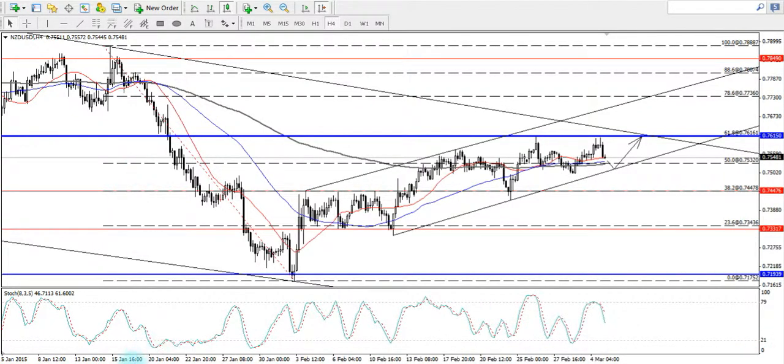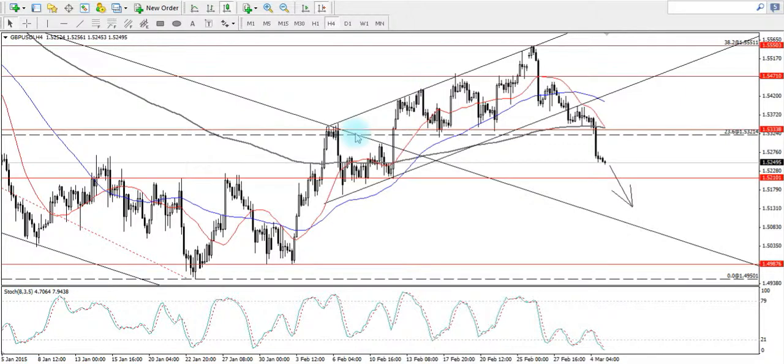All right, next we have the pound against the US dollar. So price has already broken below the bottom of a minor rising trend channel, and at the same time it has also broken below the 200 moving average, which does signal that price might be resuming the major trend, which is actually a falling trend for pound against the US dollar.